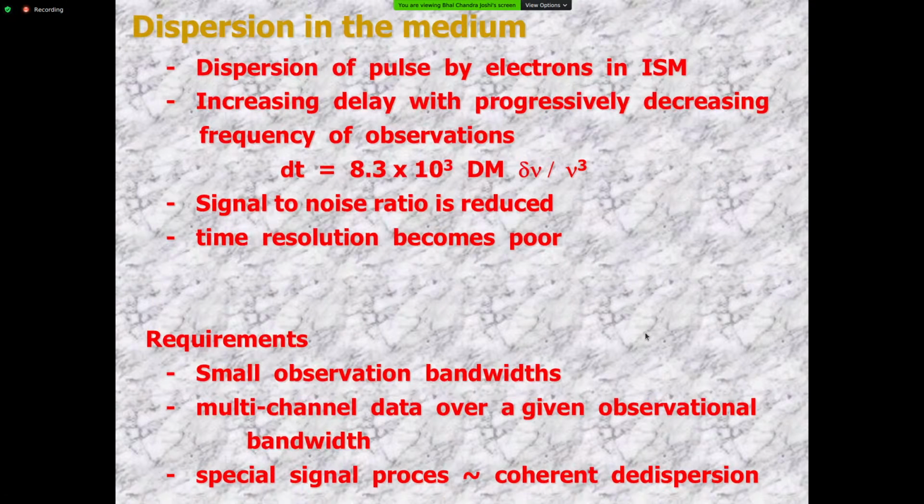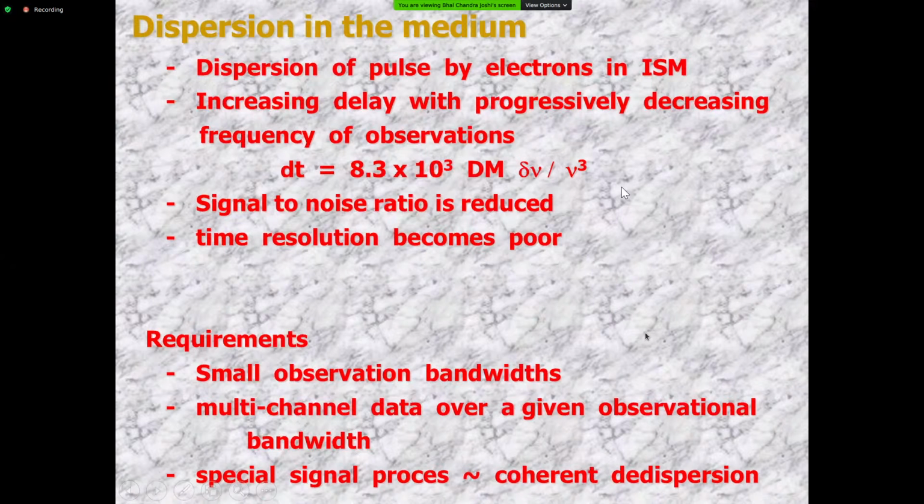So there is an increasing delay with progressively decreasing frequency of observation, and that is given by the expression shown here, where you can see that for a small band of frequencies delta nu, it goes as nu to the power minus 3.